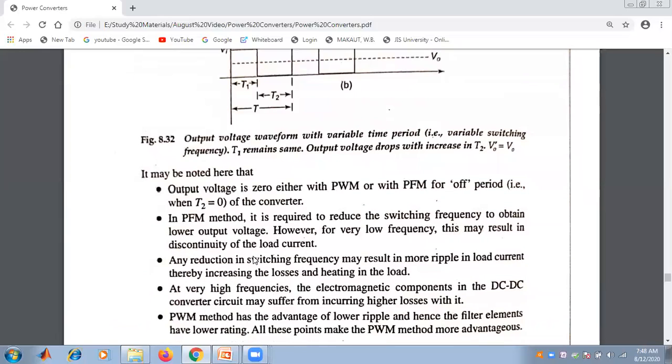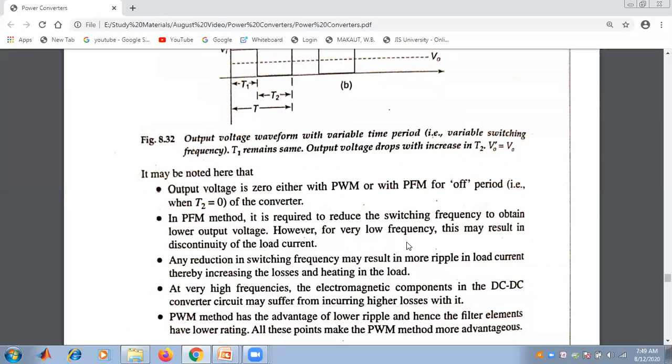Now, it is noted that the output voltage is zero, either with PWM or with PFM, for off loop, that is T2 equal to 0 of the converter. In the PFM method, it is required to reduce the switching frequency to obtain lower output voltage. However, for a very low frequency, this may result in discontinuity of the load.